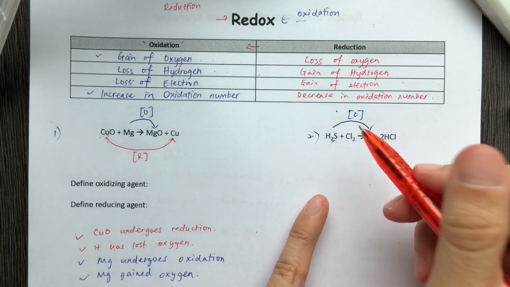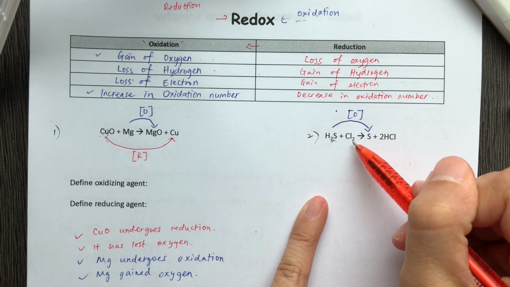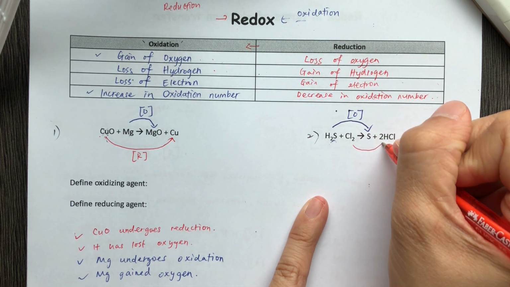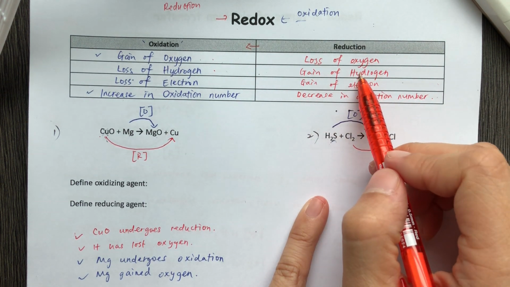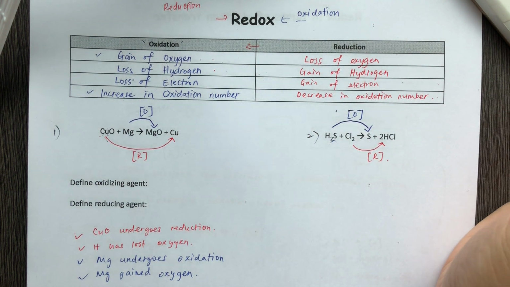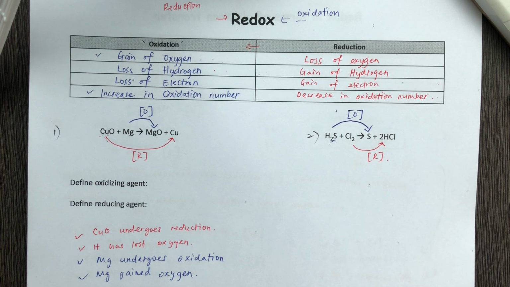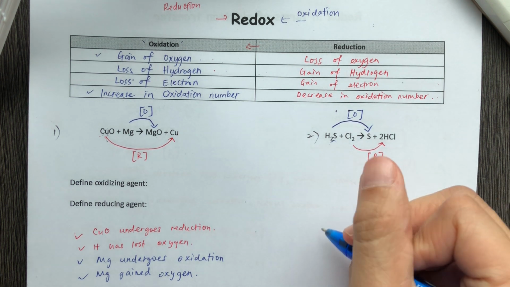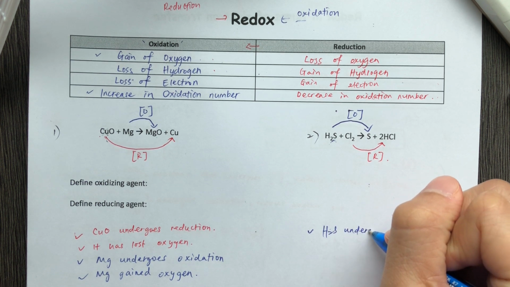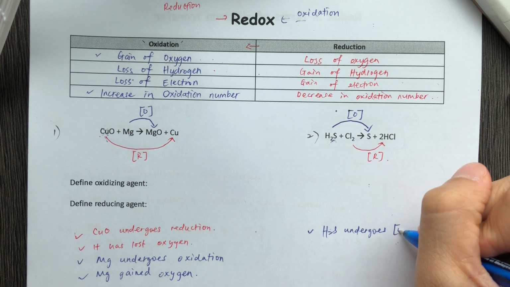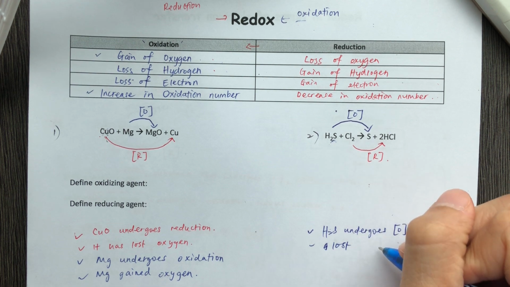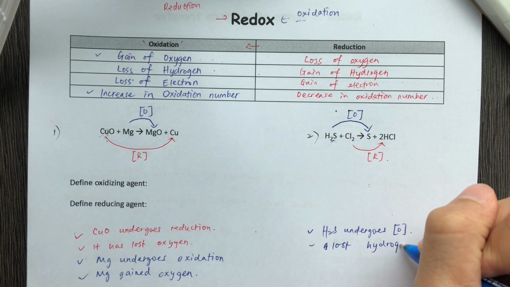Then look at chlorine, from Cl2. Suddenly, it has gained hydrogen, right? Gain hydrogen. So chlorine undergoes reduction. So similarly, when I explain this reaction, I would say H2S undergoes oxidation because it has lost hydrogen.